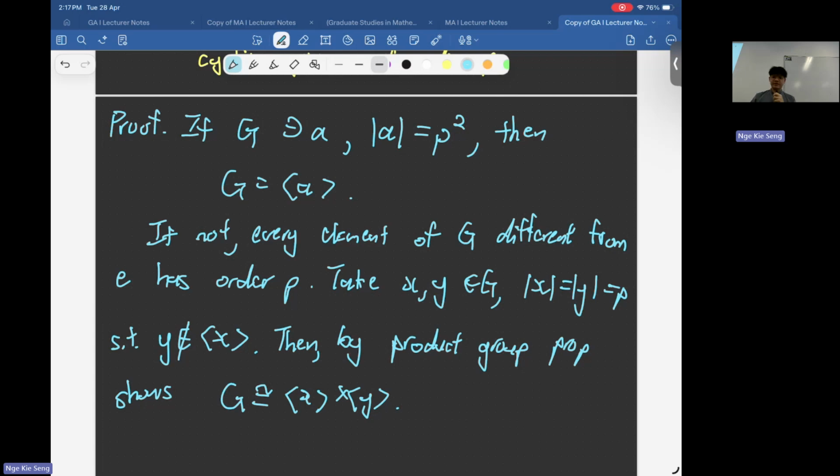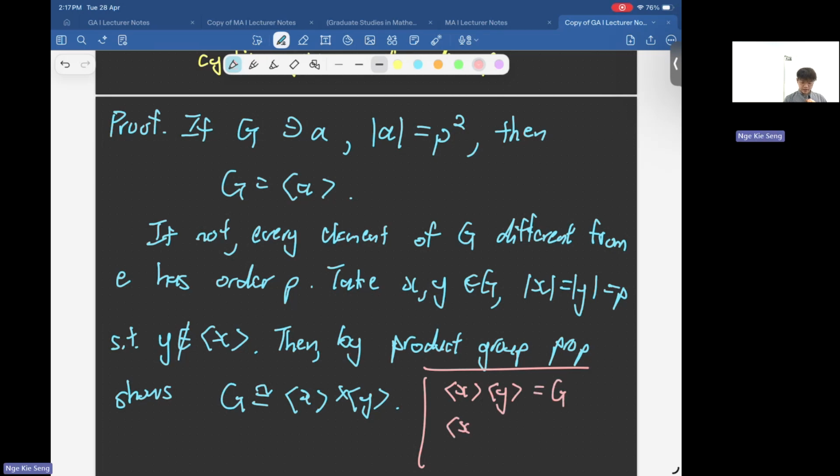I think it's in my notes. You can find it in the product group section. Basically, I think you need these two to generate G, and the intersection is not empty, but just identity.